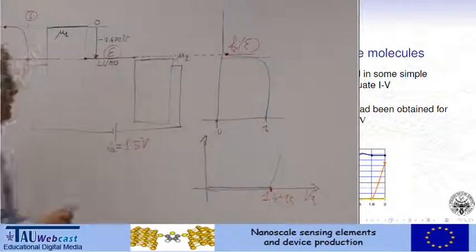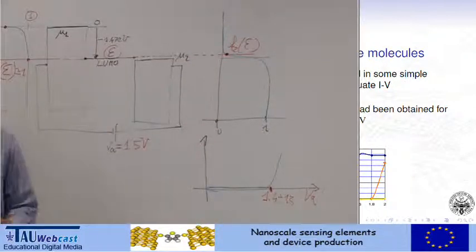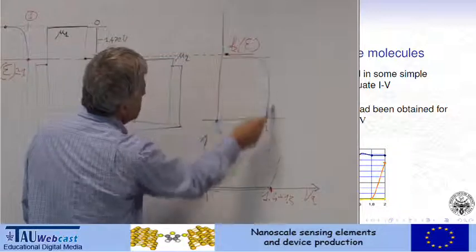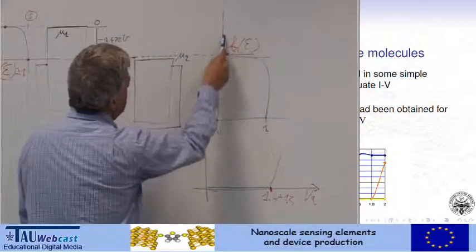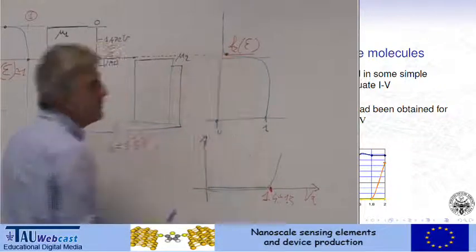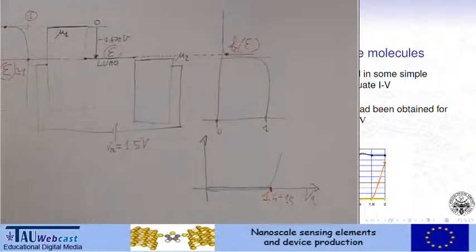But it's also clear that when you try to increase the voltage again, this Fermi function will quickly go to 0, and less than 0 is not possible.